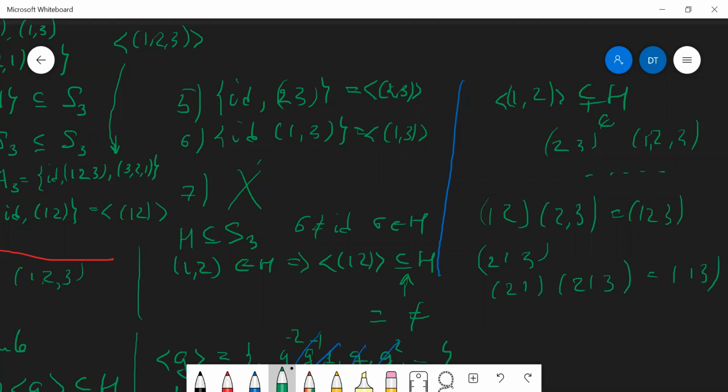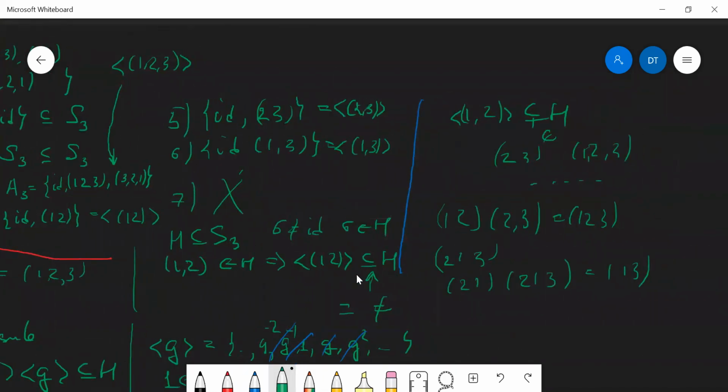I did this in a very quick manner, so if you got lost, just tell me. My claim is that in the case when our subgroup H strictly contains one of the cyclic subgroups listed here, we should show that H must coincide with the whole group. How do we do that? We consider the cases. For example, we contain this subgroup, and we also contain an element which is not here.